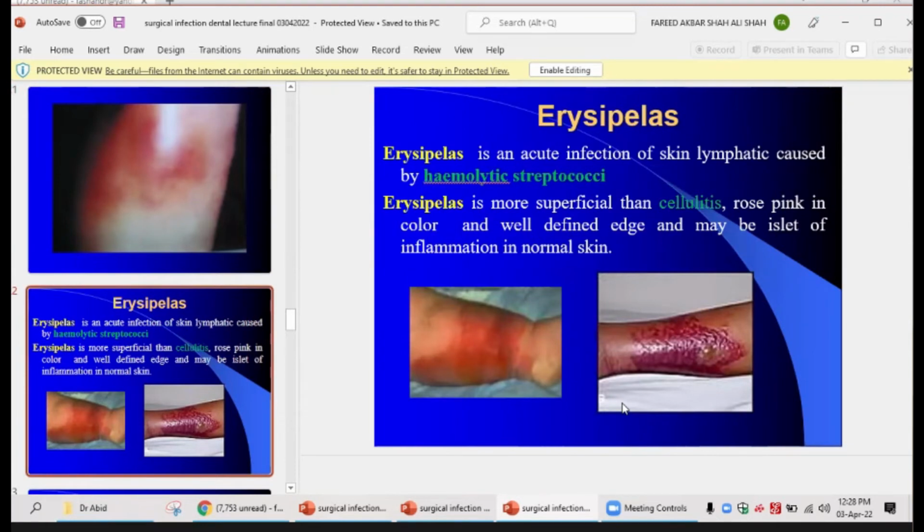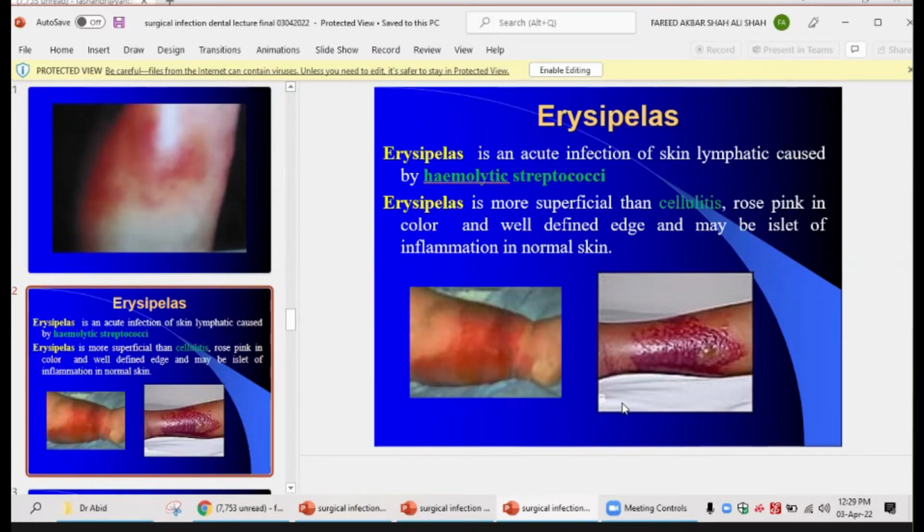Erysipelas: how is it different from cellulitis? Erysipelas has a raised edge, a raised margin. Cellulitis does not have a raised margin. It is also red; erysipelas is as red as cellulitis. But the differentiating point is that erysipelas has a raised margin compared to cellulitis.